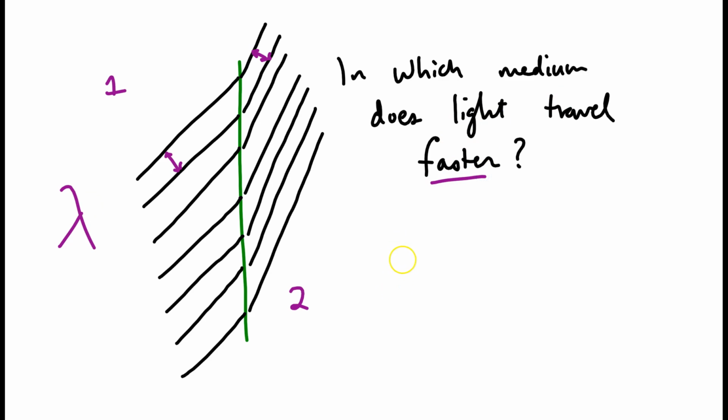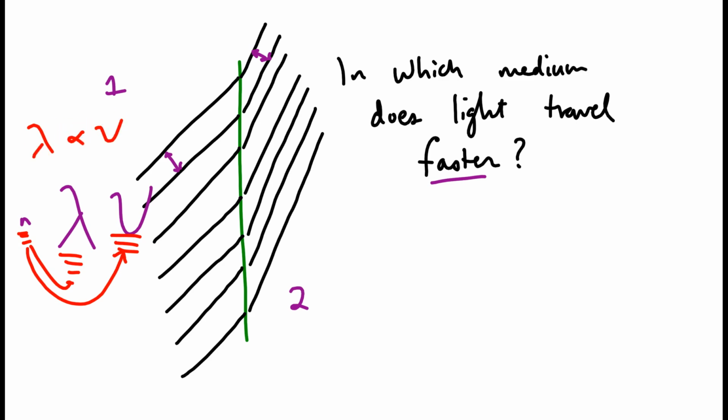Well, you may be inclined to say smaller speed, but that's not right, because everything is inversely proportional to the refractive index. So a bigger lambda means a smaller n, and a smaller n means a bigger speed as well. In other words, lambda and v are directly proportional to each other.